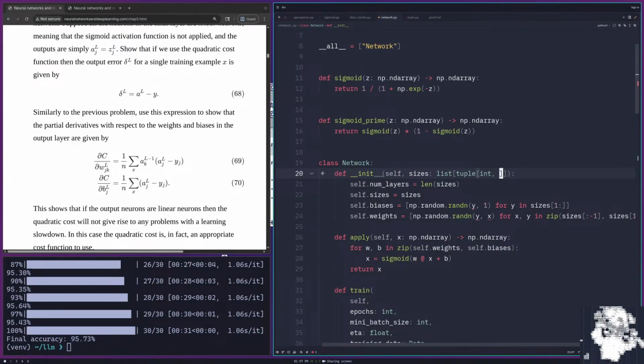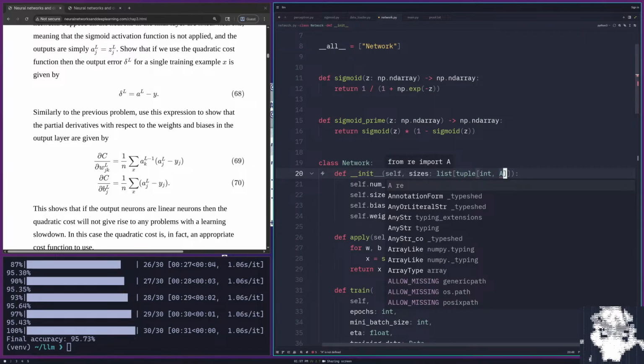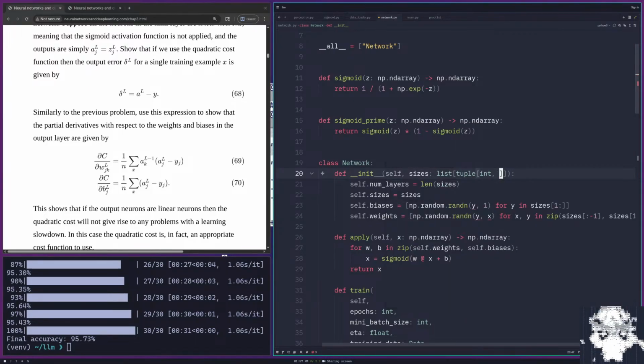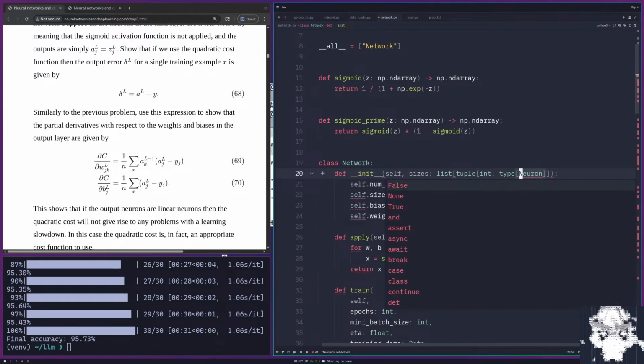What can I call that? Activation function? Neuron? And do you need to just give me a type? I think you do just need to give me a type.